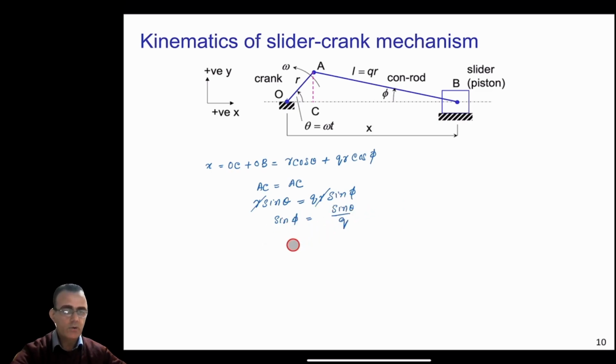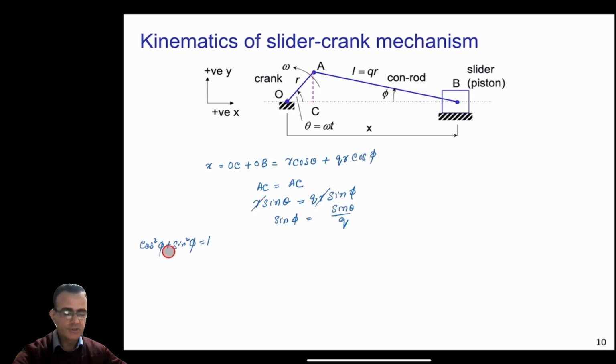But in this case we need cos phi, so now we can use the trigonometric equation cos squared phi plus sine squared phi equal 1.